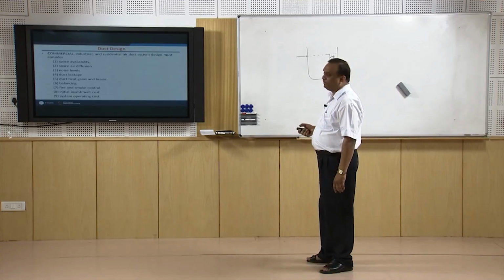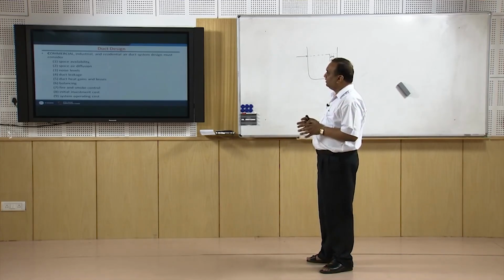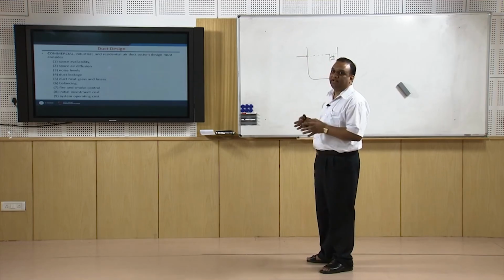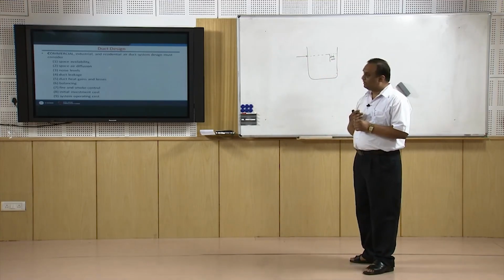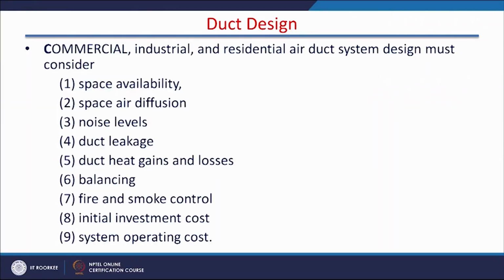So, duct noise level is a criterion while designing a duct. Leakage from the duct takes place because the ducts are riveted, and whatever state of the art technology is used, some leakage will be there. It has to be confined to less than 10% of the total air discharge in the system.